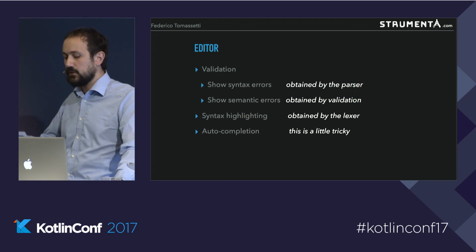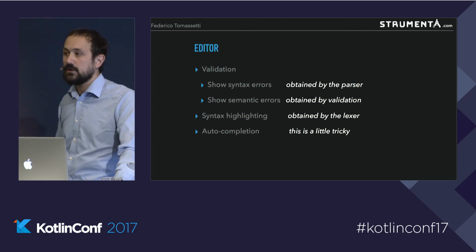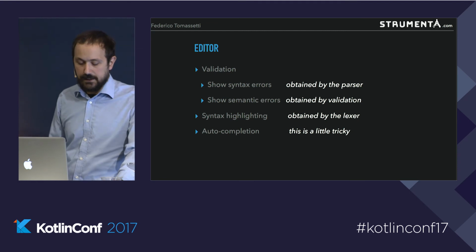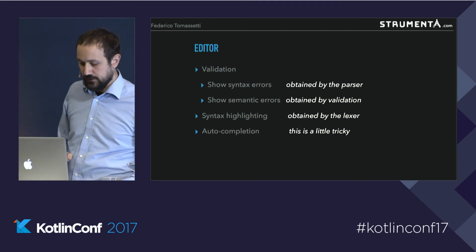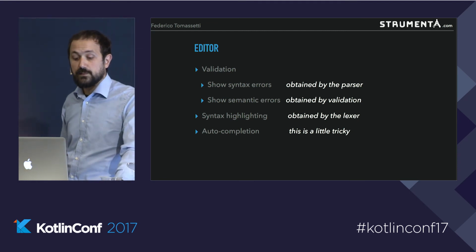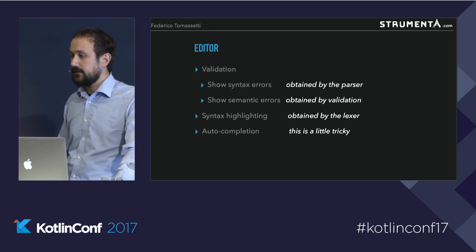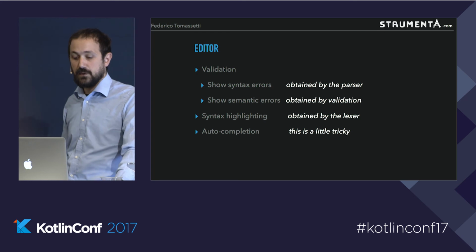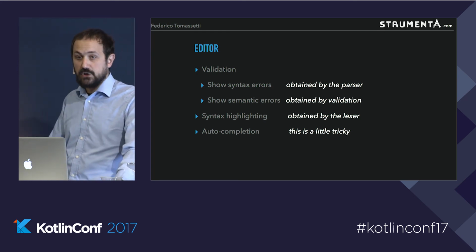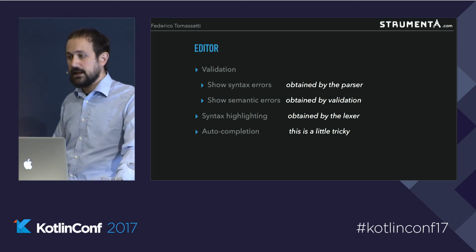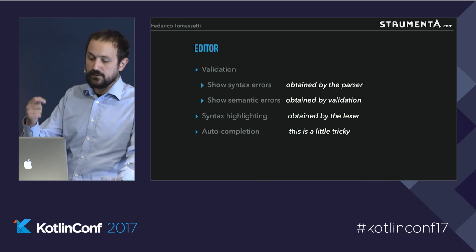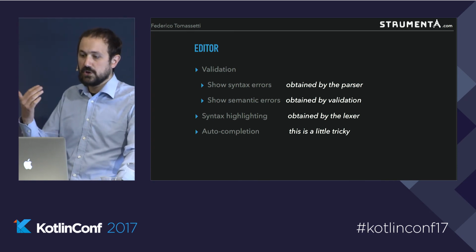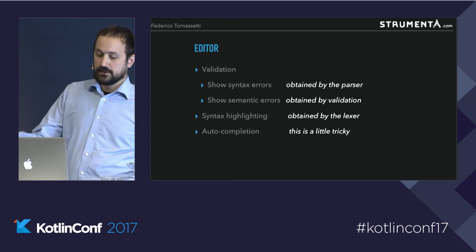The parser will be able to tell us that we cannot use a certain keyword in a certain position. Then we need to show semantic errors, like the fact that the user defined a variable twice with the same name. But we have defined the validation, and the validation gives us errors referring to nodes. For each node, we have the position, so we can show these semantic errors in the editor.